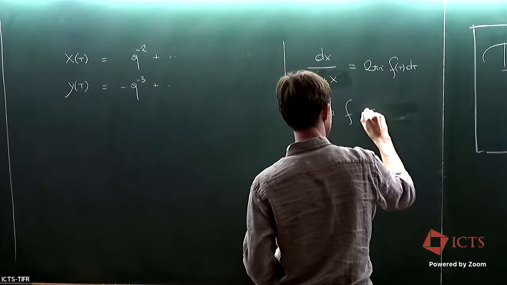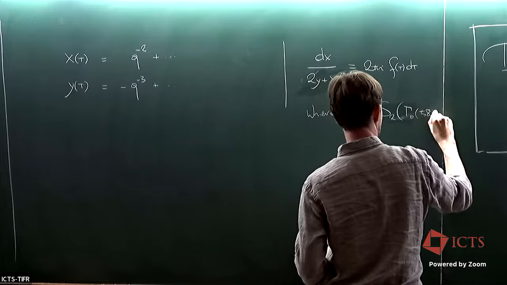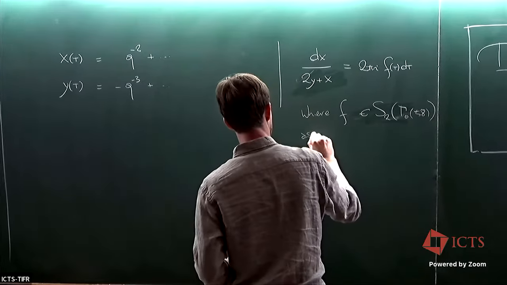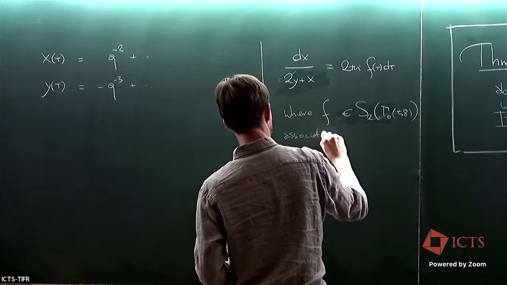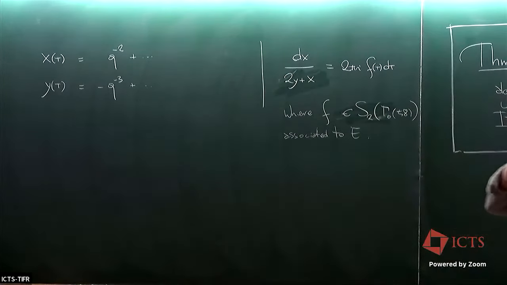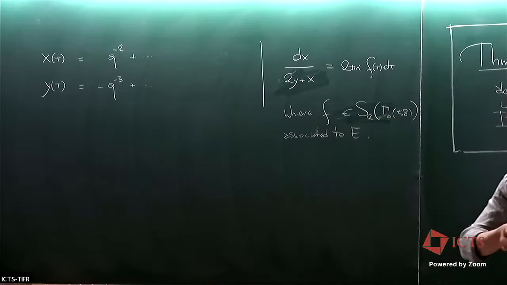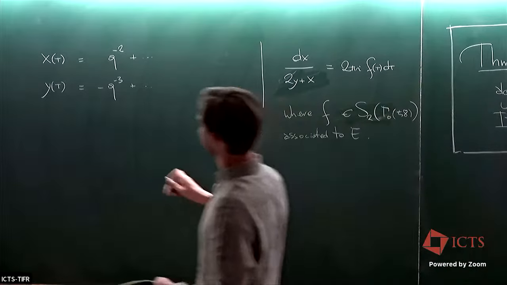I didn't write this, but the associated form of E is in the notes if you want to see explicitly what it is. And I'm going to normalize my f so that the first coefficient is 1. So the usual thing. So this is the system of equations that we're trying to solve.